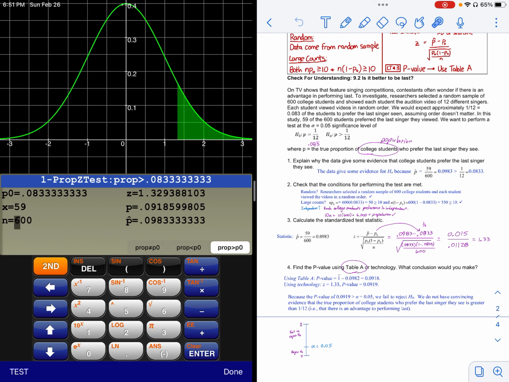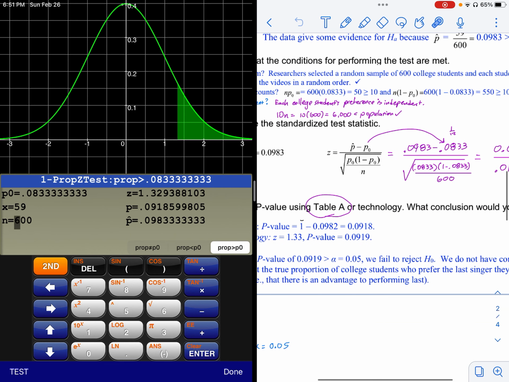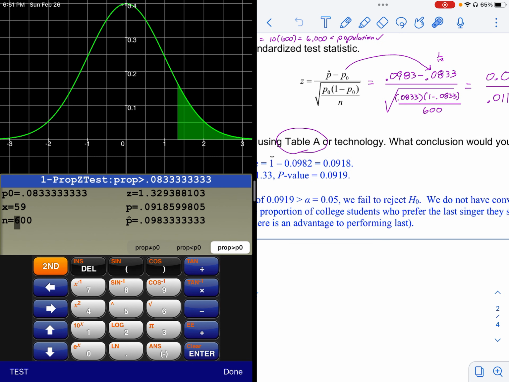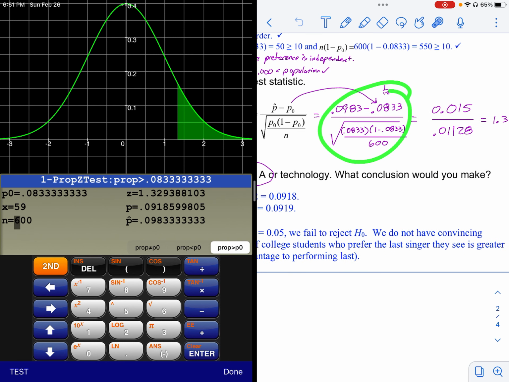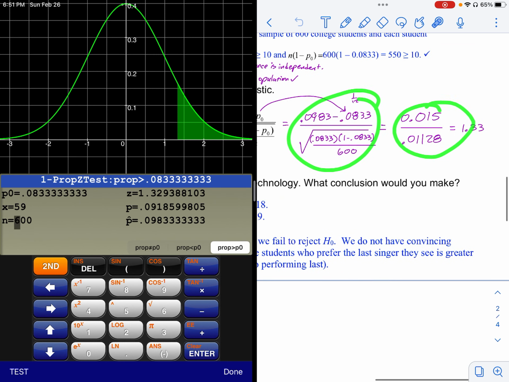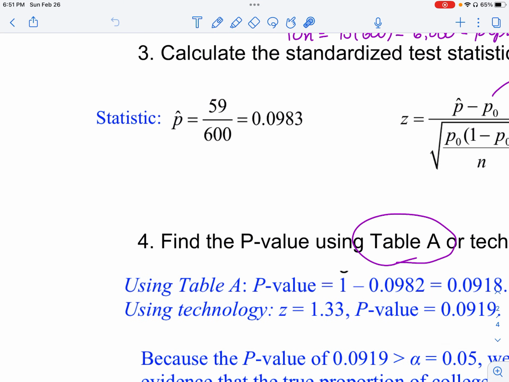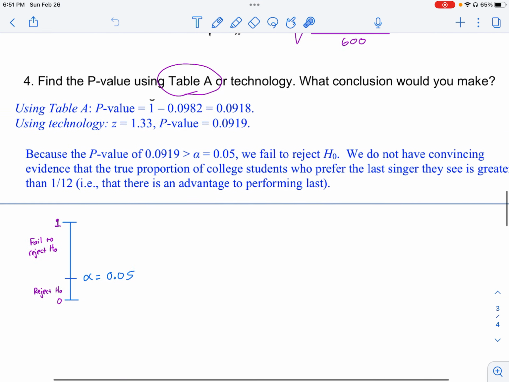So as soon as I hit enter right there, you can see it has my z-score of 1.33. It has my p of 0.918, which matches up with what we have right here. So you can clearly show your work and do it all by hand, but then always check using the button on the calculator.